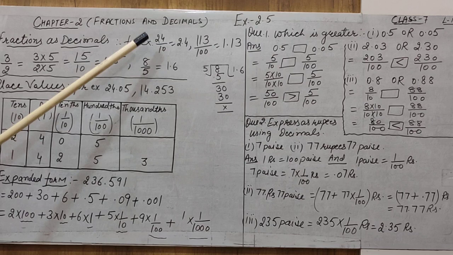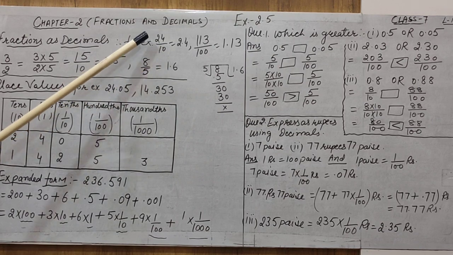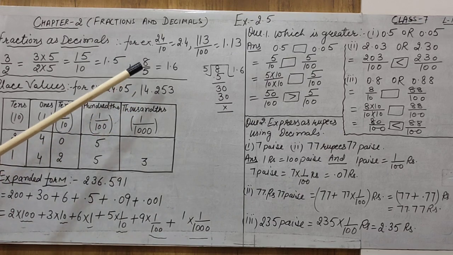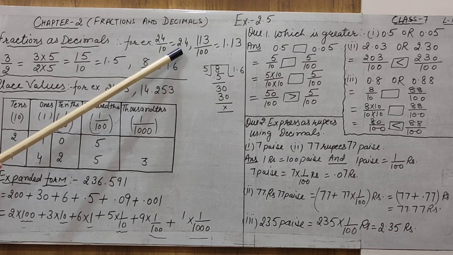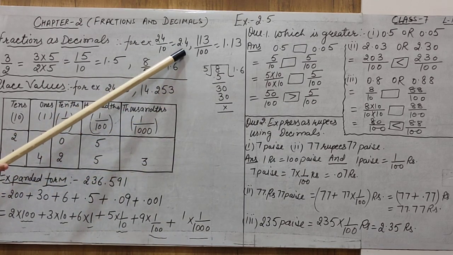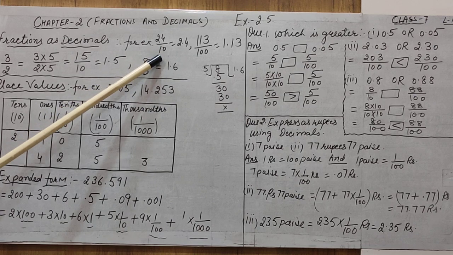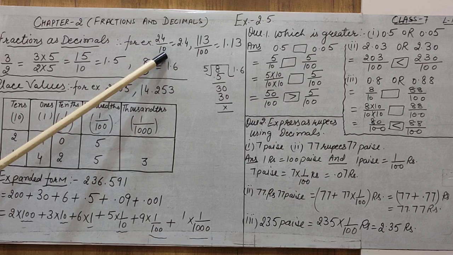If I write 24 divided by 10, this is a fractional number with numerator 24 and denominator 10. I can also write 24 by 10 as 2.4. How can we write 2.4? You must count how many zeros are in the denominator. Count the number of zeros: there is only 1 zero in 10.